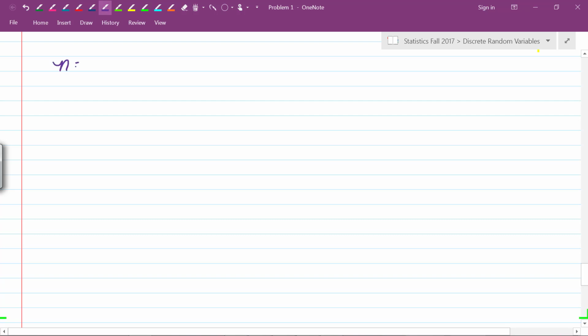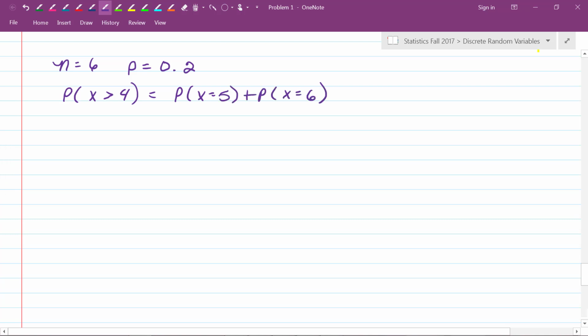P was equal to 0.2, and we're looking for the probability that x is greater than 4. So in this case, that is going to be equal to the probability that x is equal to 5, plus the probability that x is equal to 6. And I'm going to look those up in a chart because my probability is a multiple of 0.05. Okay, so it's 0.2, so that works.